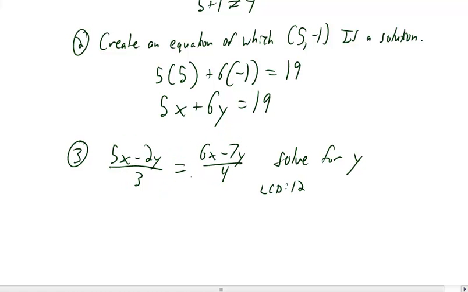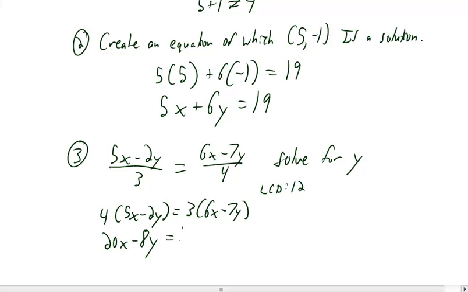You can only do this if you have two fractions across an equal sign, but in either case you get 4 times (5x minus 2y) equals 3 times (6x minus 7y). 20x minus 8y equals 18x minus 21y.